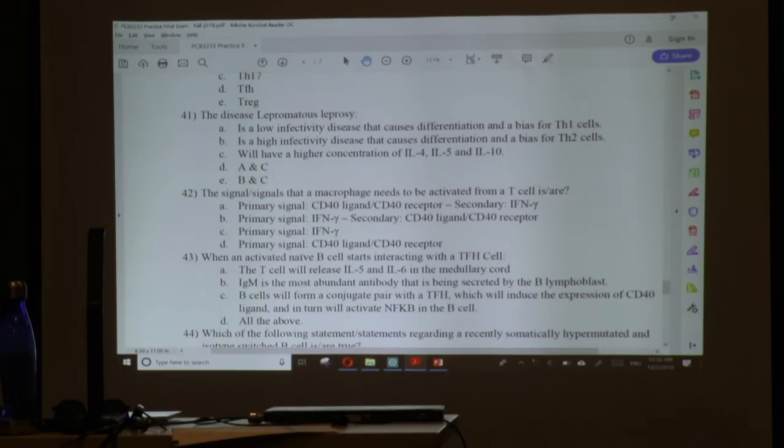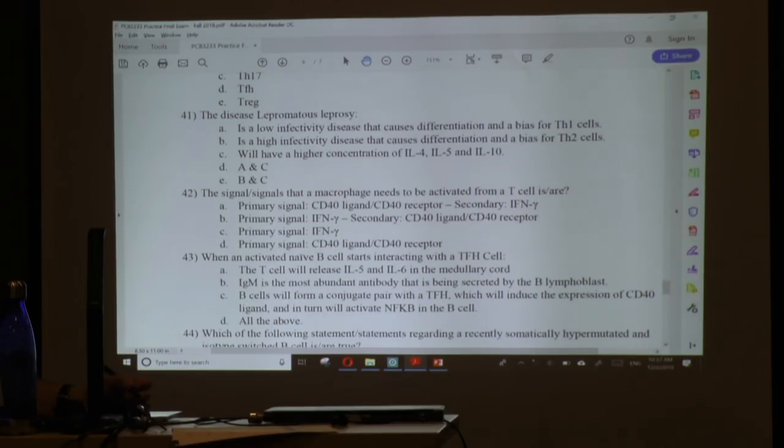Now remember, leprosy is a bacteria that infects the vesicles of your macrophages. So basically it inactivates the macrophages that are there because they're supposed to help you out in phagocyte stuff. So the lepromatous is the high infectivity one because it causes a bias towards Th2.